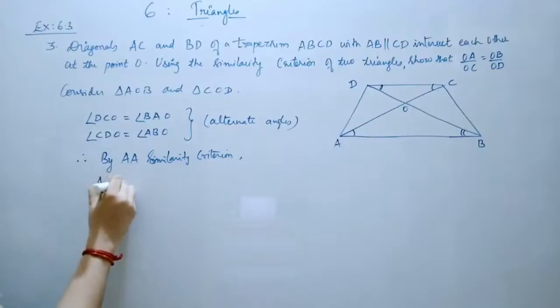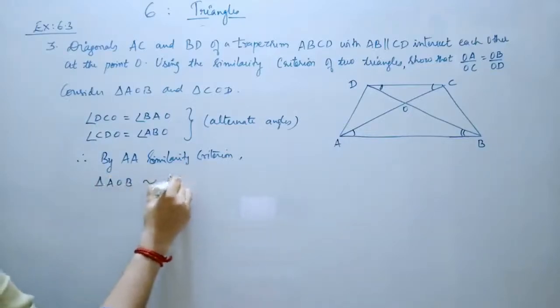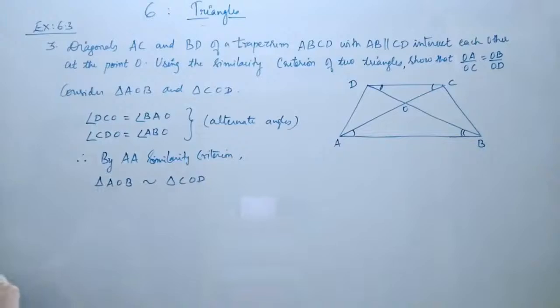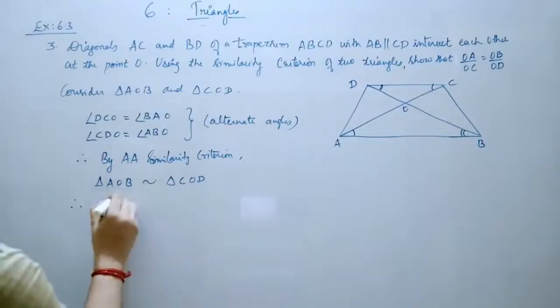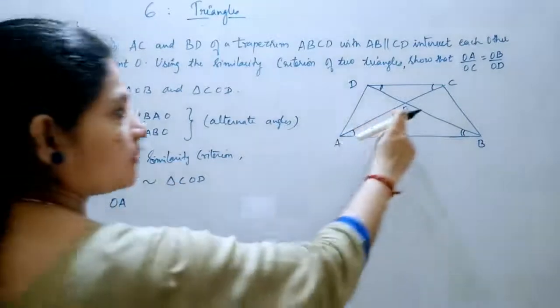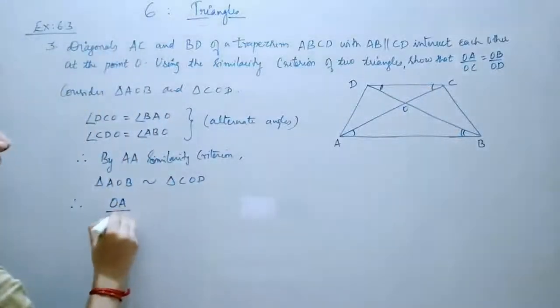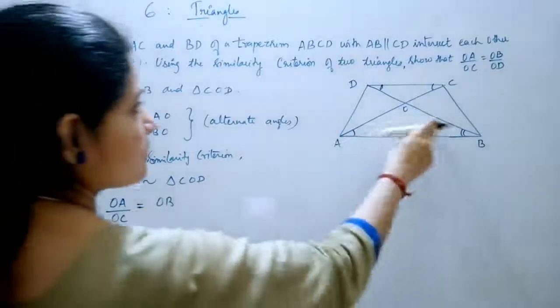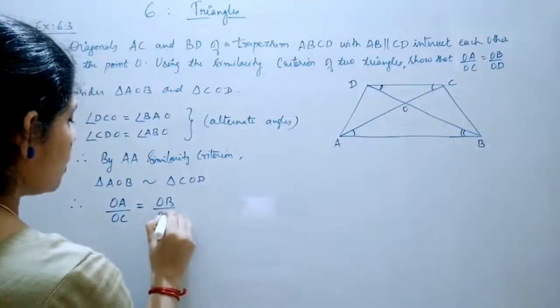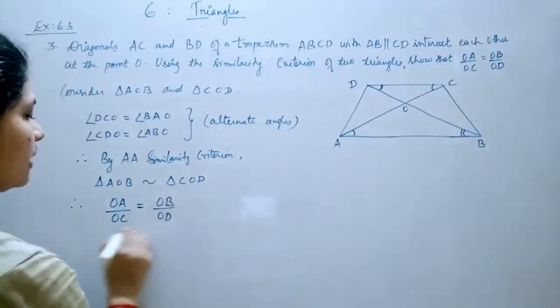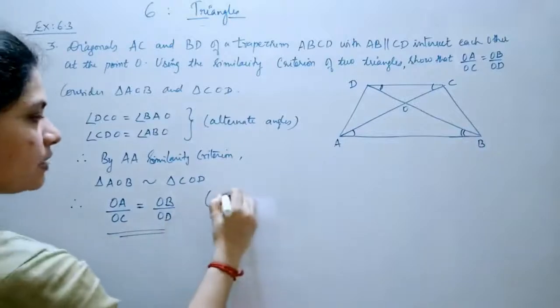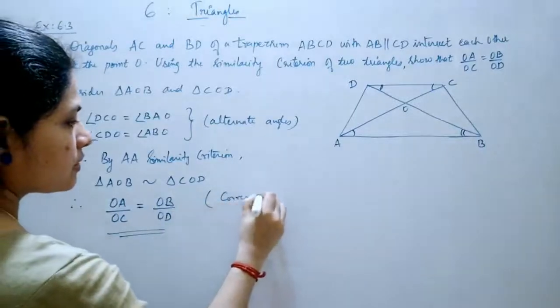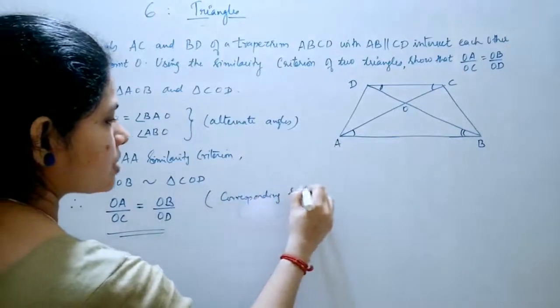Triangle AOB is similar to triangle COD. Therefore the corresponding sides will be proportional. So OA from this triangle, and OC from the other triangle, is equal to OB over OD. So you are getting OA by OC is equal to OB by OD, because corresponding sides are proportional.